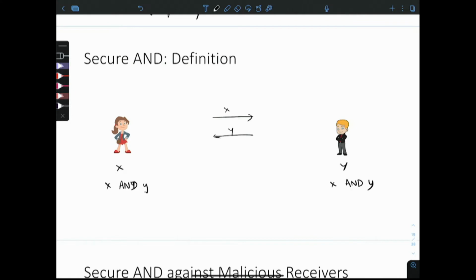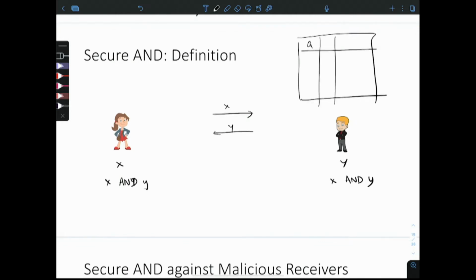Why is that? Because then the protocol would reveal a lot more than just the input and output. And recall that if there was an ideal party that they were sending their inputs to and getting outputs from, then the only thing that they would learn is their own input and then the final output. And it's easy to see why this is the case for AND. Let me just draw the truth table here.